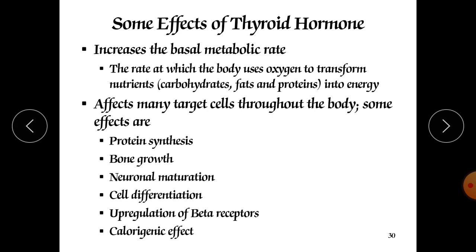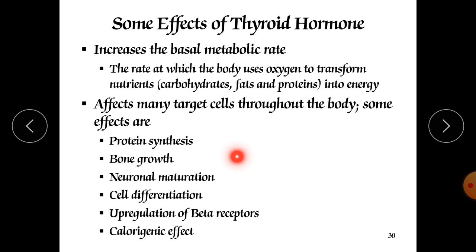And next is bone growth. Thyroid hormone is released from childhood, and suppose its release decreases in childhood, what will happen? It will retard your skeletal bone formation. It will also affect our neuronal formation, meaning your nerve development.